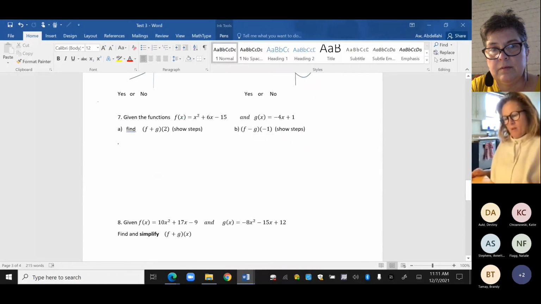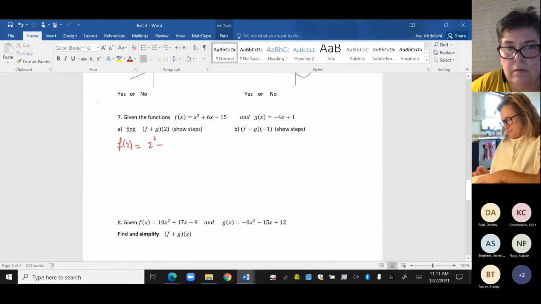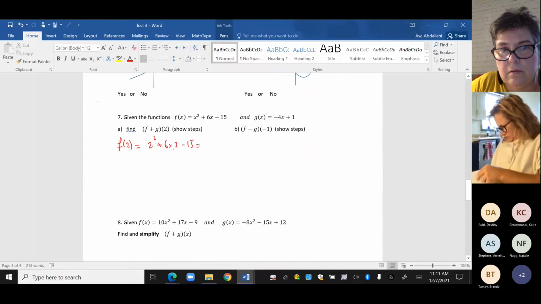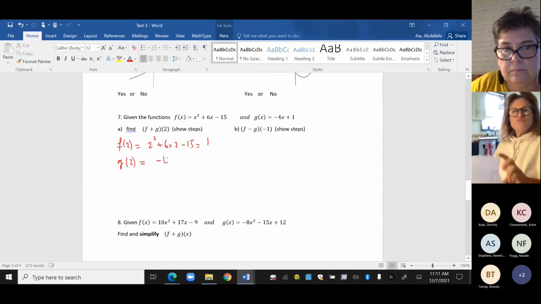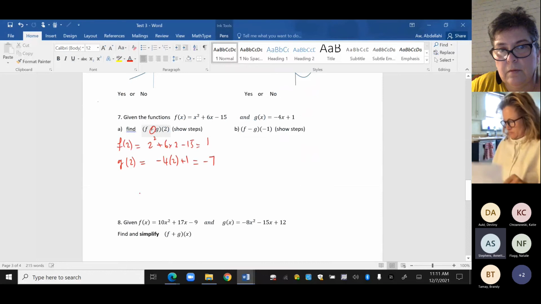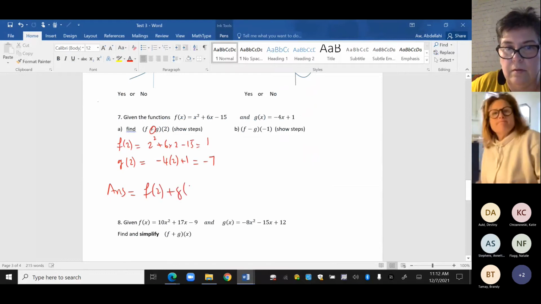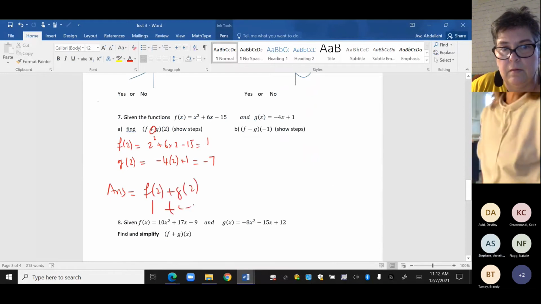Find f of 2, which means you plug in 2 in f, which is 2 squared plus 6 times 2 minus 15, which is 4 plus 12 minus 15, which is 1. And you find g of 2, which is negative 4 times 2 plus 1, which is negative 7. And then you add them up. The answer will be f of 2 plus g of 2, which is 1 plus negative 7.